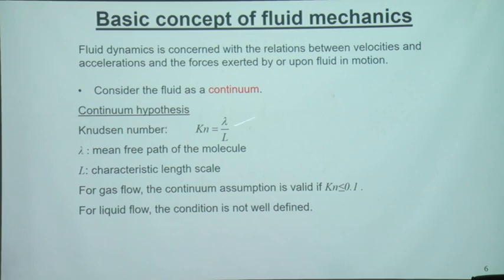The Knudsen number is defined as the ratio of the mean free path of molecules to the characteristic length scale. Typically, if the Knudsen number is less than 0.1 for gas flow, then the continuum assumption is valid. Even though for liquid flow this has not been well defined, for the scales we are interested in this course it is safe to assume blood is a continuum fluid, because we're not modeling flow at a molecular level.